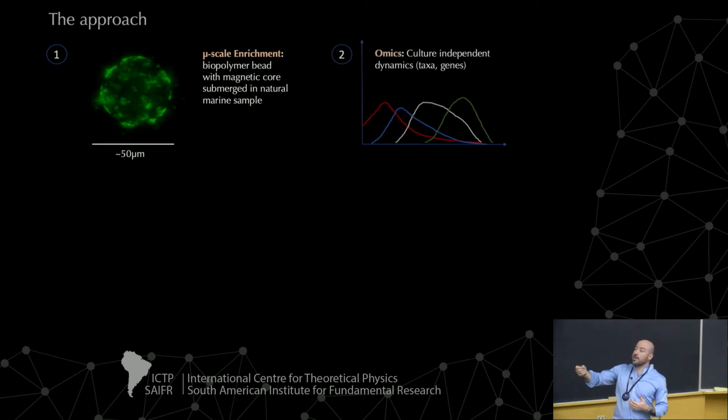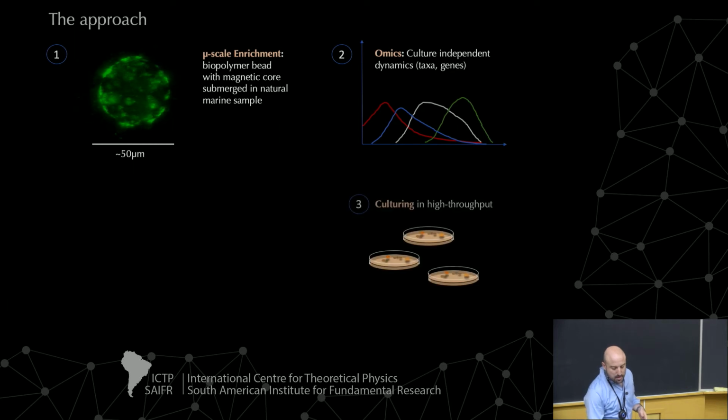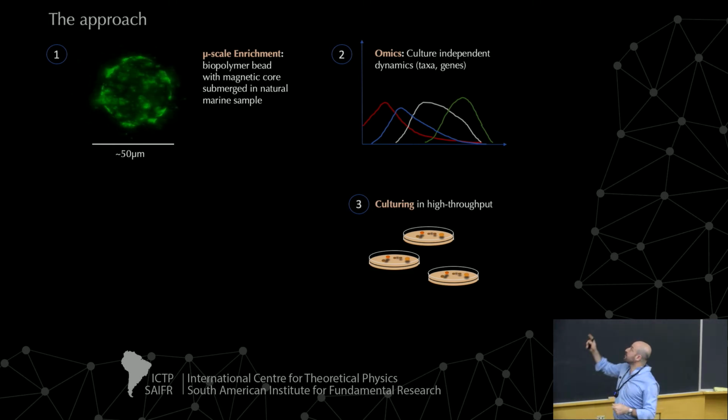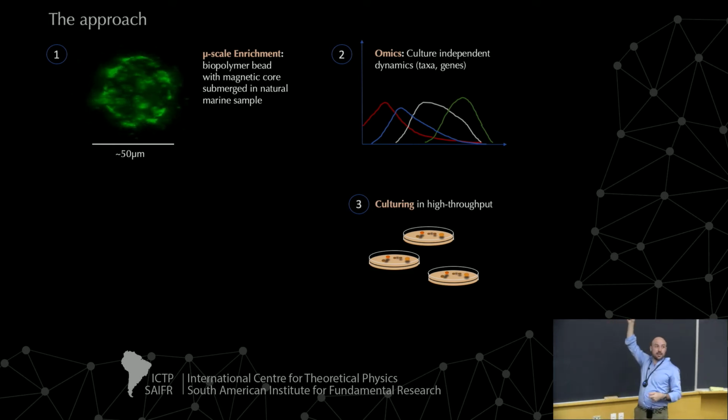Then you can sequence with a 16S, for example, and look at the dynamics. For example, maybe it looks like that. That's a sketch. Then we can cultivate the microbes in the lab so we can study their physiology. Maybe do measurements with the chemostat and see what is their affinity to the sugar, how fast they grow, and see if that helps us understand anything. And we can map these microbes to their dynamics in the communities.